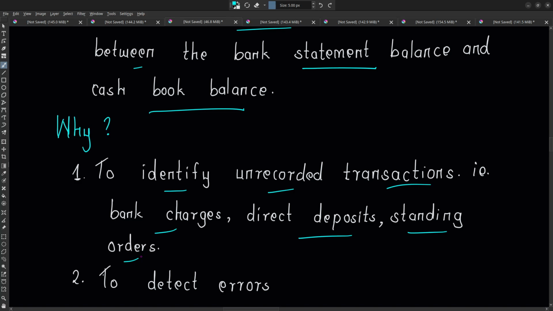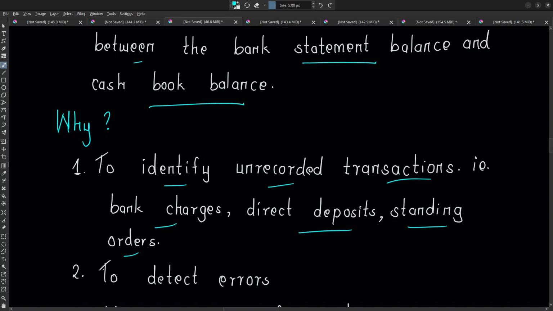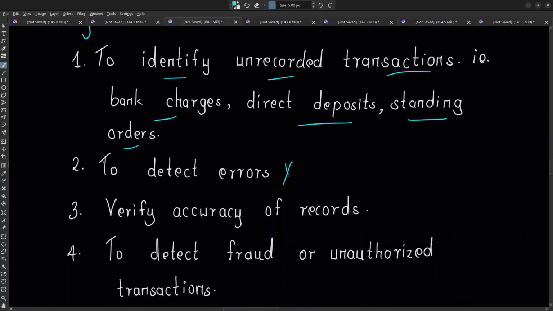Mostly you will find that these transactions are shown in your bank, but you have not recorded them in your books. Then the other thing is to detect errors. Sometimes errors do occur. Mostly, sorry to say, it happens on the business side more than in the bank, because most of the operations of a bank are automated.